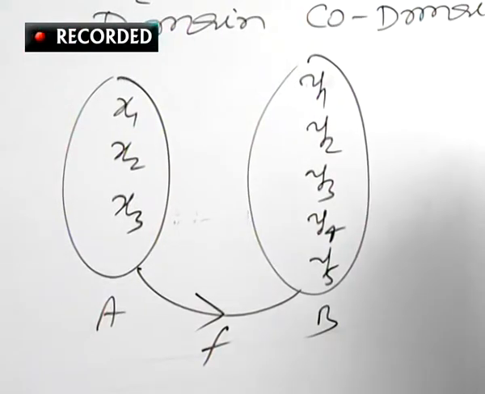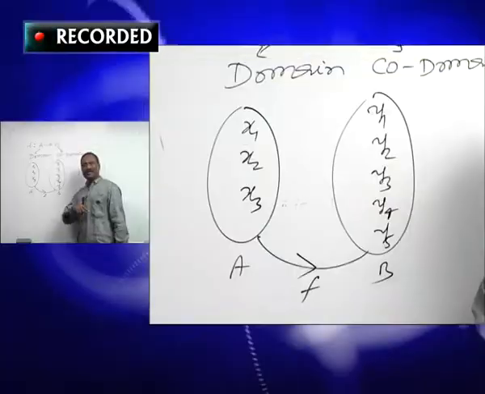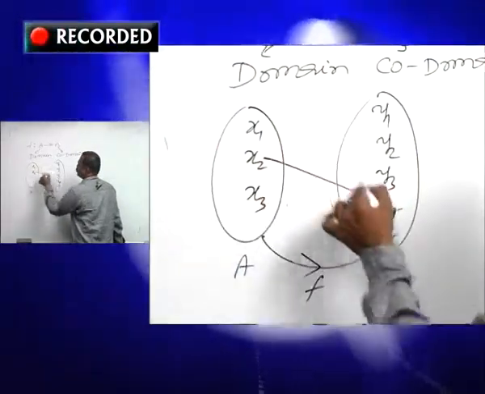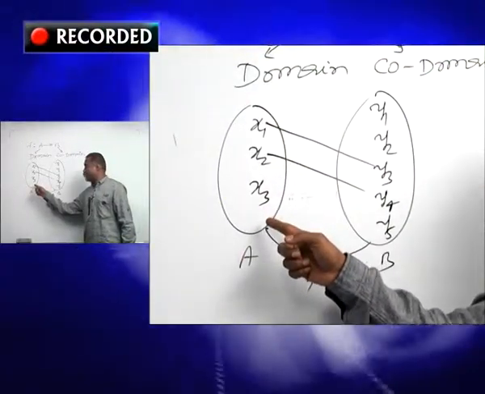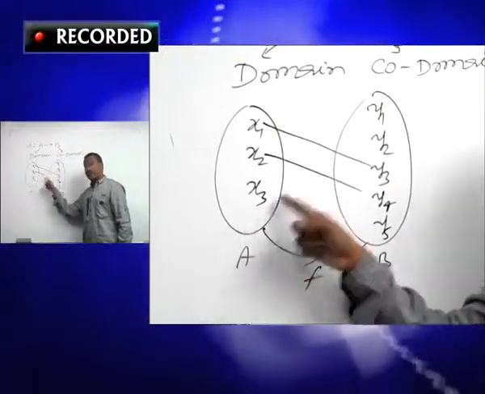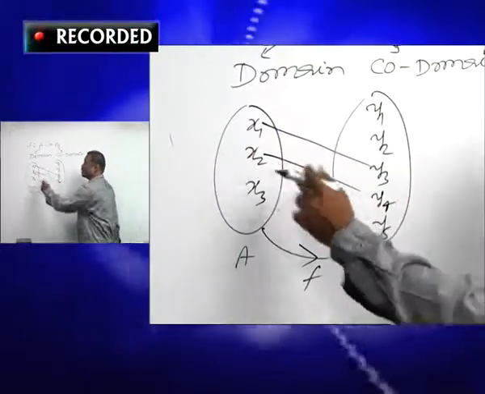You will better understand a function if you understand what is not a function. What is not a function? If any element of domain is without association to the set B, then it is not a function.